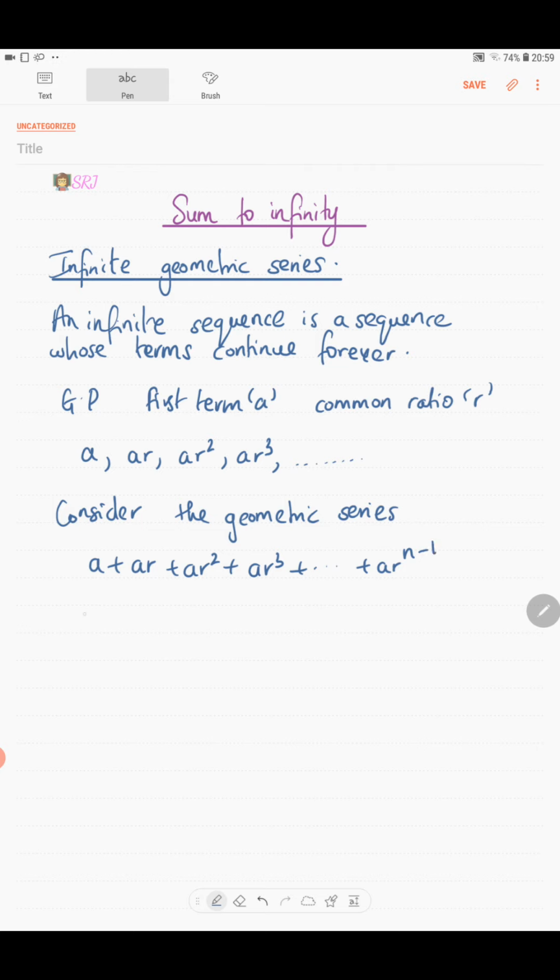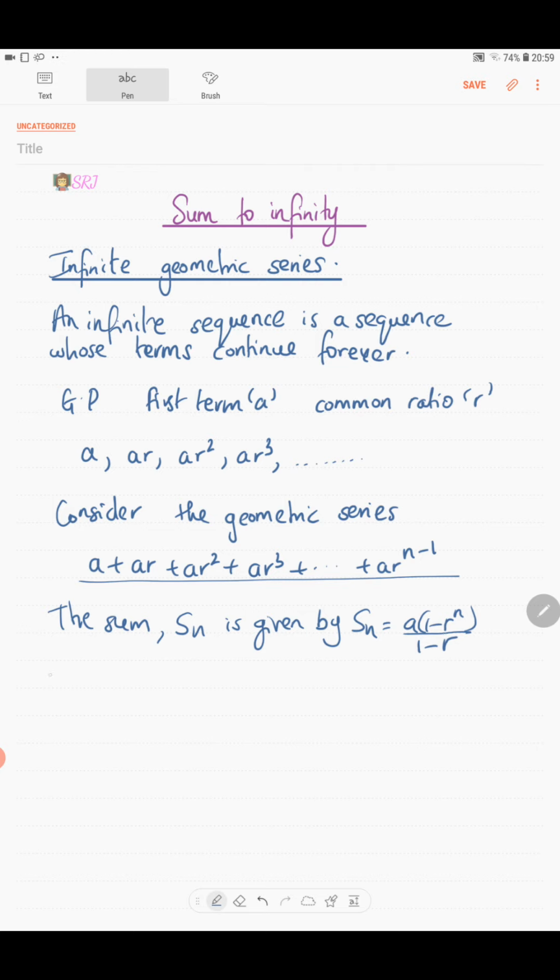So we know the sum of this sequence, that is the sum Sn, is given by Sn equals a into 1 minus r power n over 1 minus r.